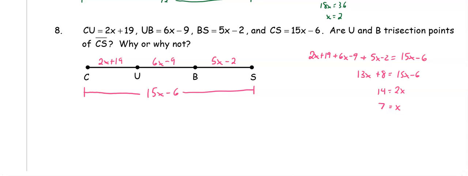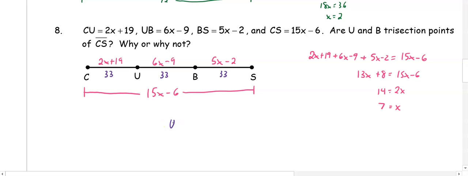So to figure out if it's a trisection point, each of these 3 sections needs to have the same length. So we can investigate. 2 times 7 plus 19 is 33. 6 times 7 minus 9 is 33. And 5 times 7 minus 2 is 33. So in this case, because all of them are equal, that means that U and B are trisections.